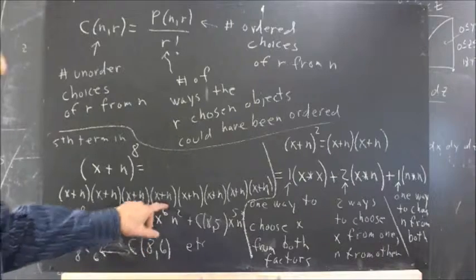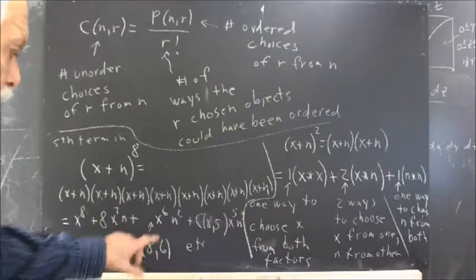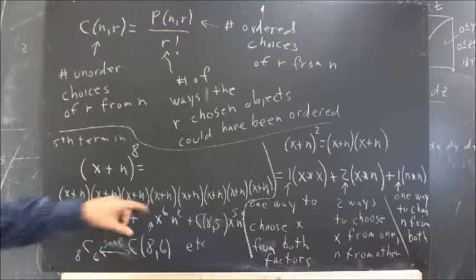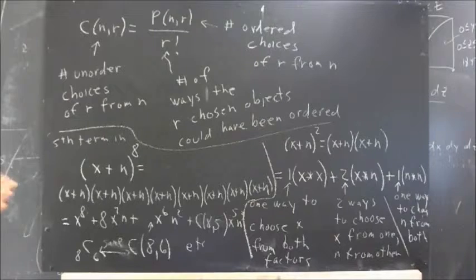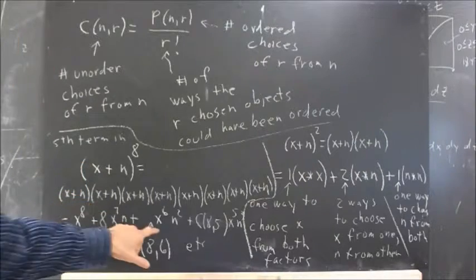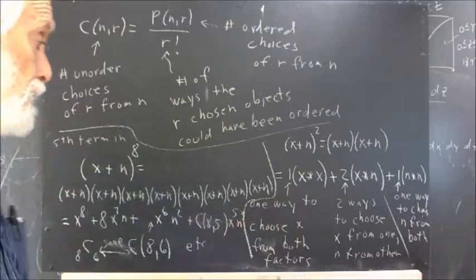Now, what about x to the 6th times n squared? How many ways are there to do that? We could choose x from the first 6 and n from the last 2.